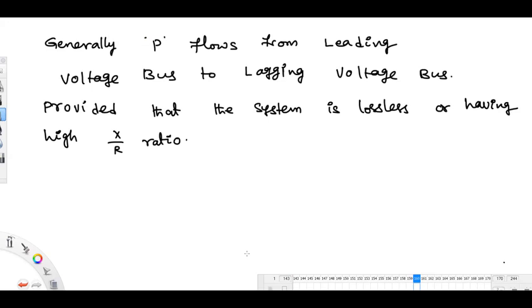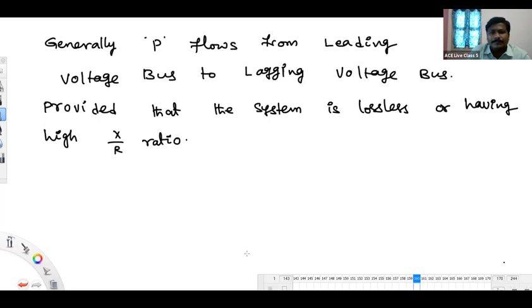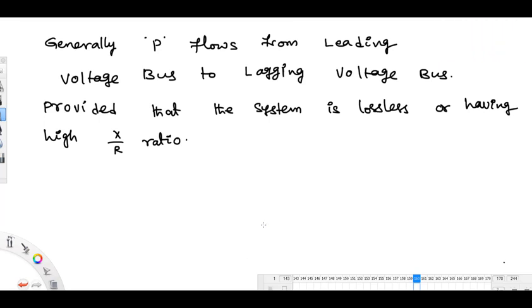When we are considering a generator, in some books IA is the reference current. Then the power flow equation is something like this. If we deal with a motor, by reference to the generator, then IA will be minus IA.